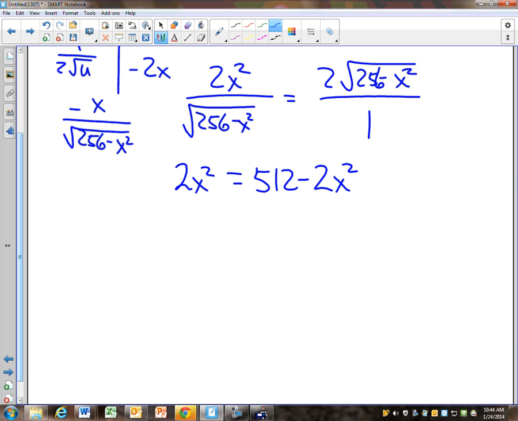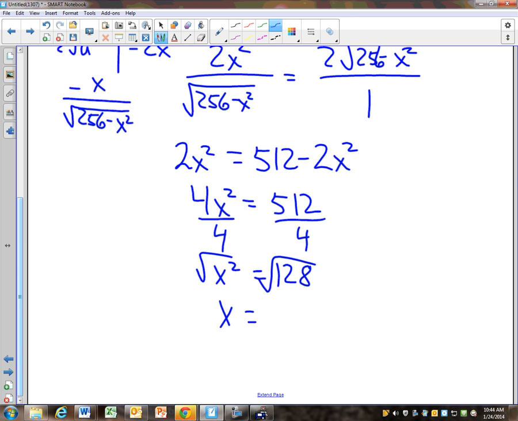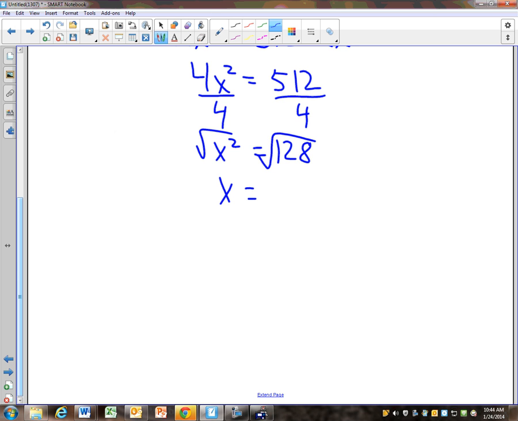Now what? 4x squared equals 512. Divide by 4. x squared equals 512 divided by 4, which is 128. Root. Very good. 11.3. Square root of 64 does come out if you want to write it in that way. You don't have to, but you could reduce it to 8 roots of 2 if you so chose.